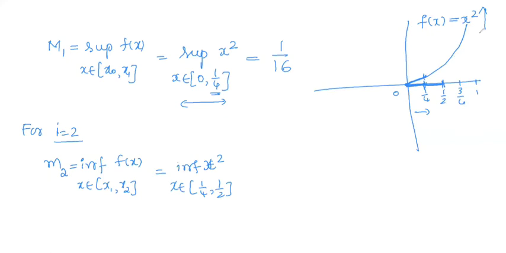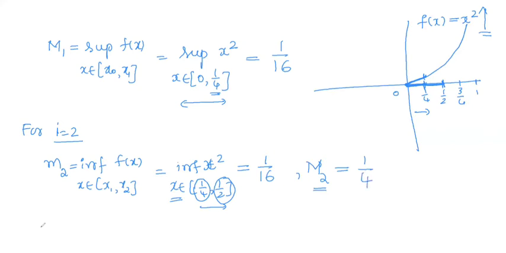Once again, as I told, as f of x is an increasing function, as the value of x increases from 1 by 4 to 1 by 2, in the same order the values of x square also increase. So for the minimum value of x, x square takes the minimum value, which is 1 by 16. Capital M2 is the supremum of all f of x in this interval. For the maximum value of x, x square also takes the maximum value. So M2 will be the square of 1 by 2, which is 1 by 4.